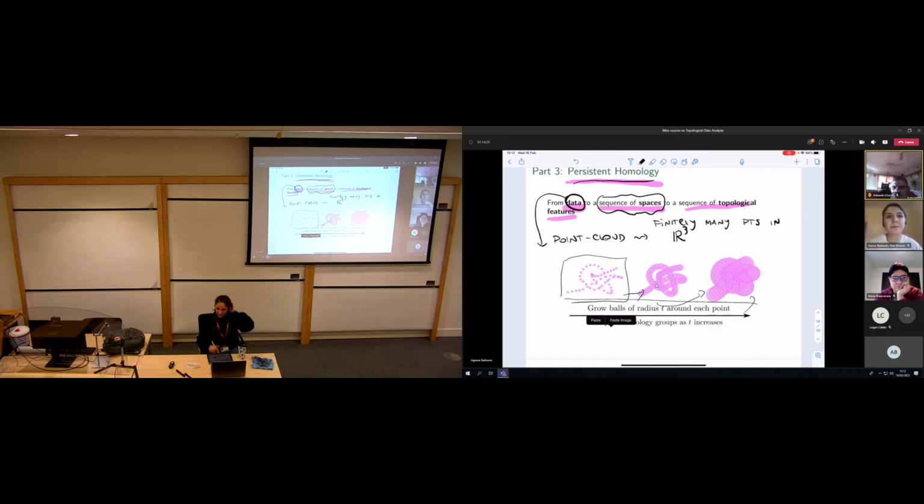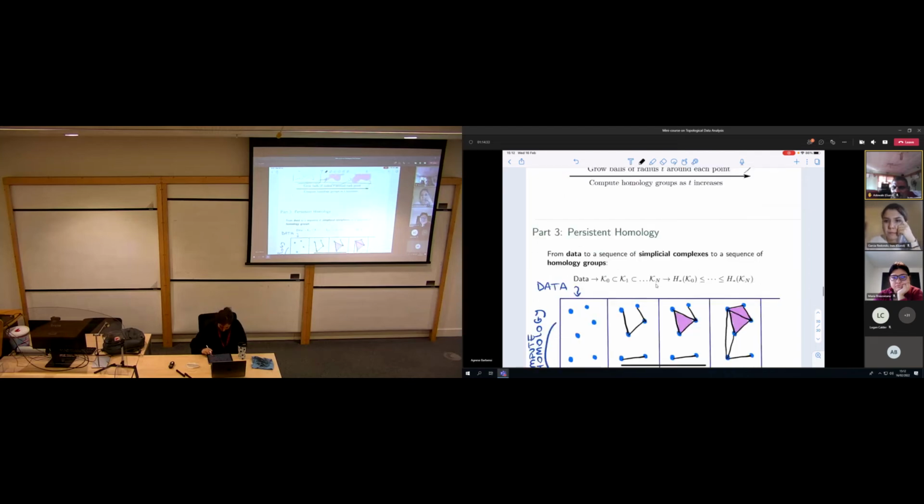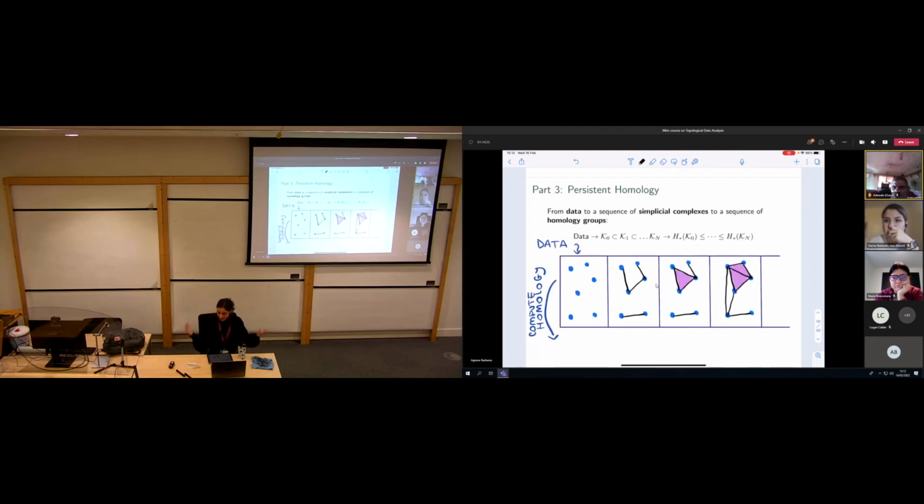All right, so let's try to give a few more details. Now, we've been talking about simplicial homology, okay? So we don't want to construct topological spaces given a point cloud. We want to construct simplicial complexes. And again, I already said that, but the topological fingerprint is then going to be given by computing homology groups of all the simplicial complexes in this sequence.